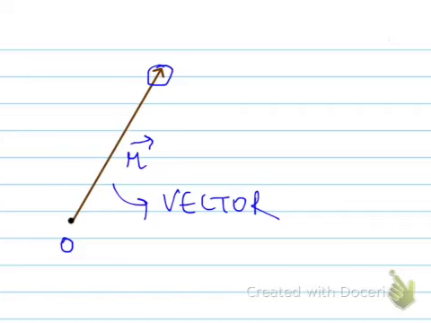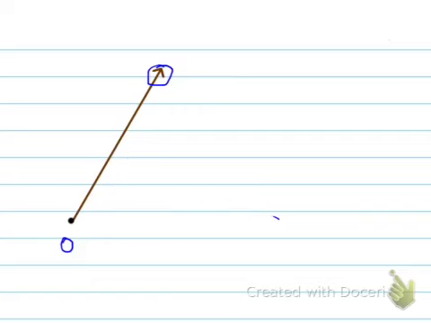A vector is nothing but a mathematical definition that denotes a direction as well as a magnitude. Also, it is very important to note how this vector is denoted. Now, you should consider the various cases.